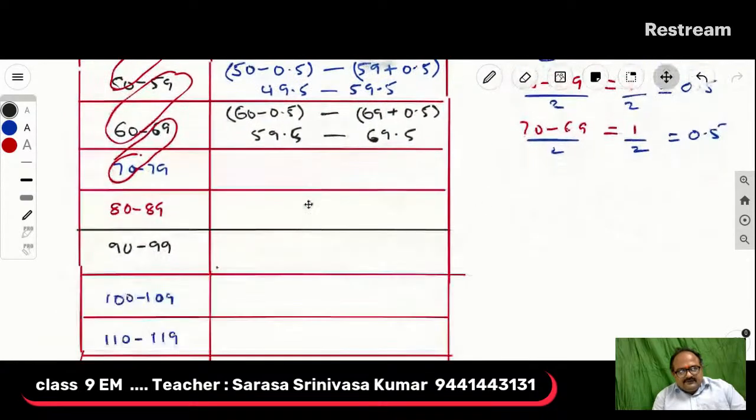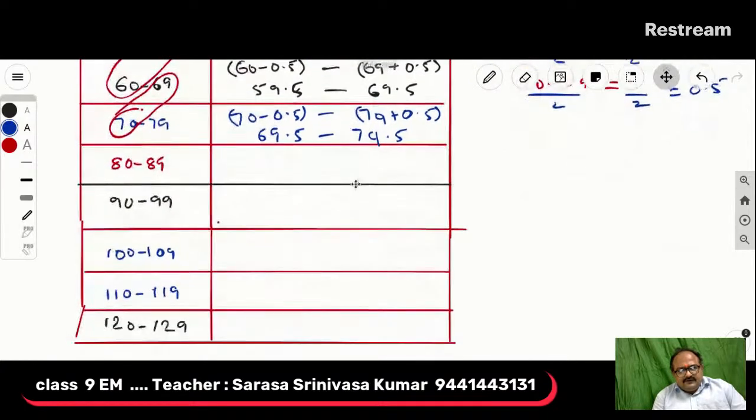The next class interval is 70 to 79. So we should subtract 0.5 from 70. 70 minus 0.5 to 79 plus 0.5. So we get the class boundary 69.5 to 79.5.